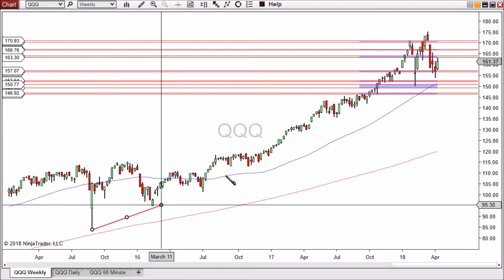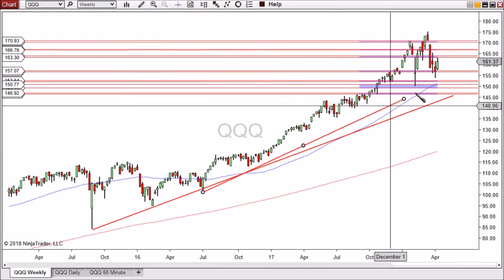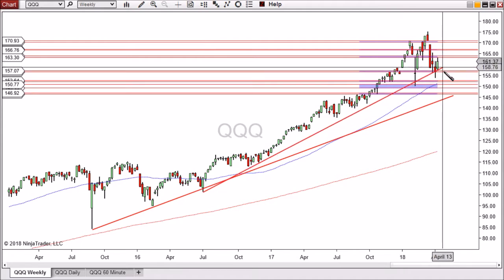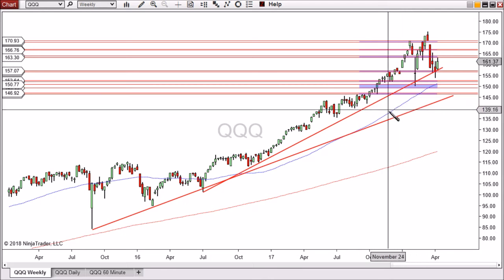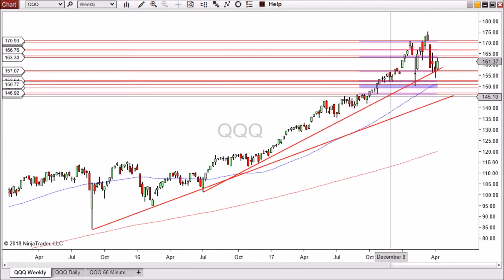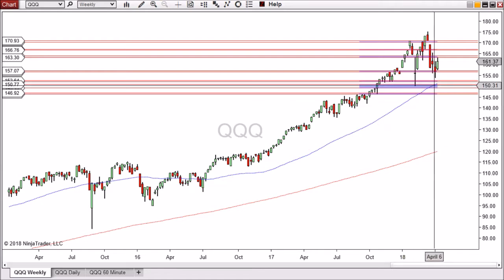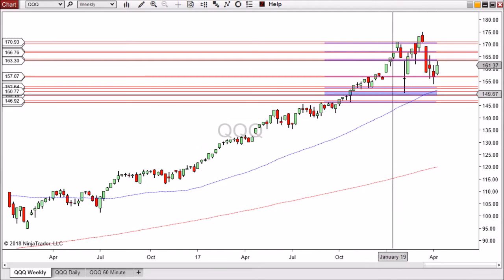Because again, if we put up a trend line, depending on which trend line you want to use, it's still on an upslope, and until some key support level is broken, the trend is still considered to be up.